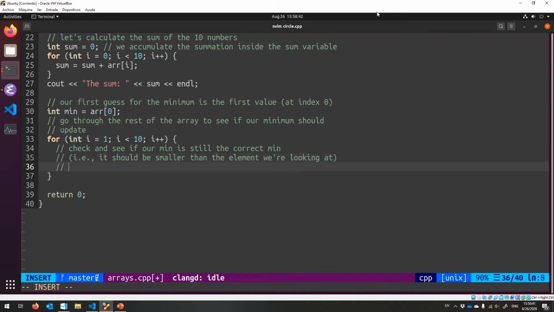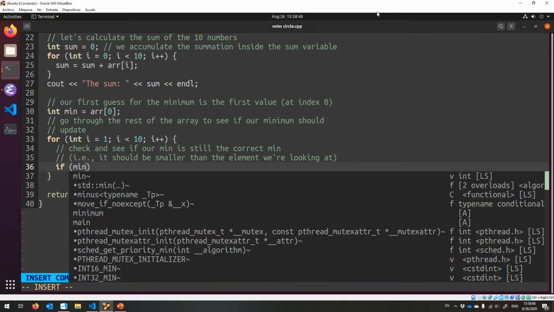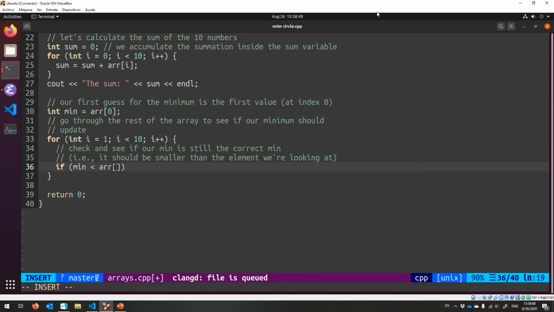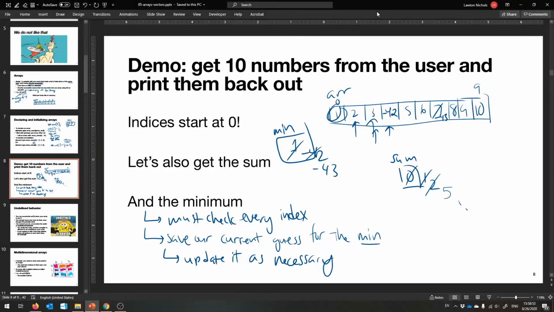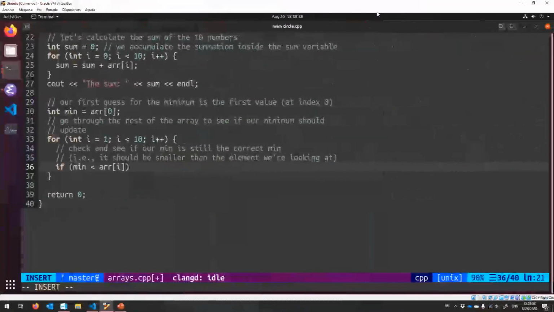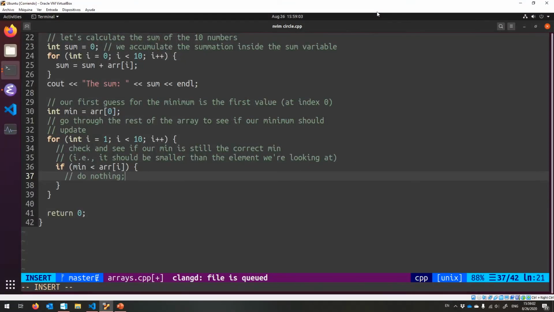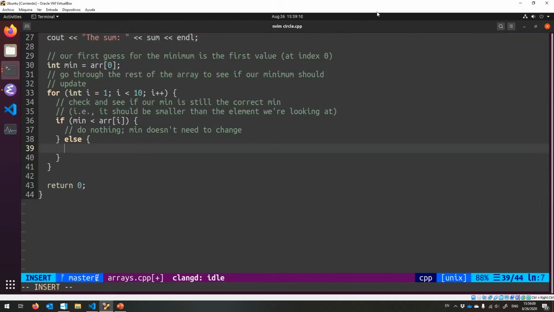Okay, so if our current min guess is less than the index we're looking at, so for example, maybe it's 1, we're looking at 2, if it's less than that, we can keep the min as 1. Do nothing. Min doesn't need to change. But otherwise, and you can change this into just an if statement with the negation of this, otherwise, we need to update the min.